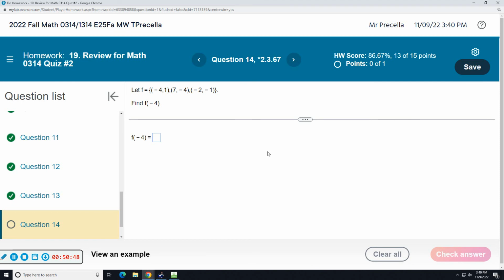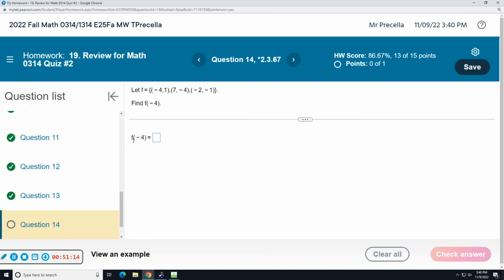Number 14. I like this problem. We can answer it without showing any work if you understand what they're asking for. They've given us a set of ordered pairs, and notice there's no repeated x value, so it is a function.